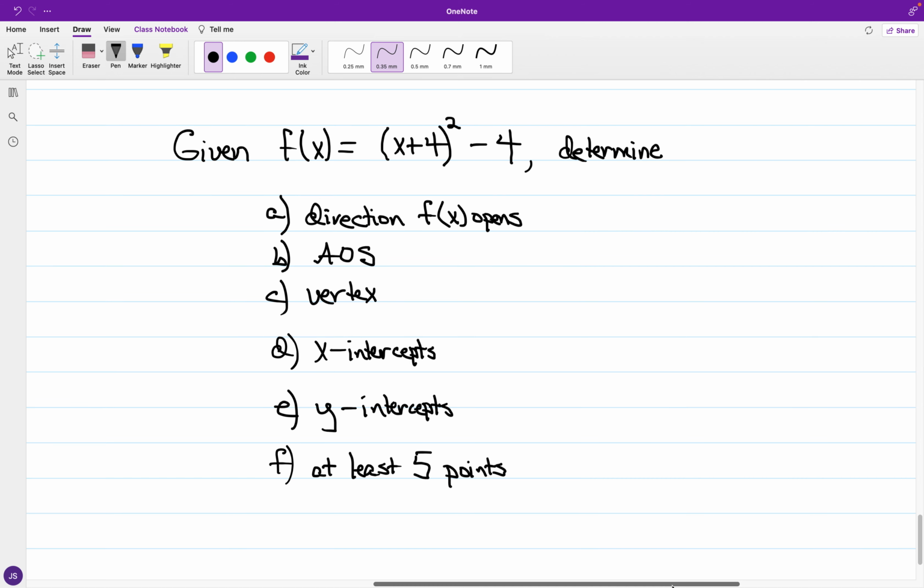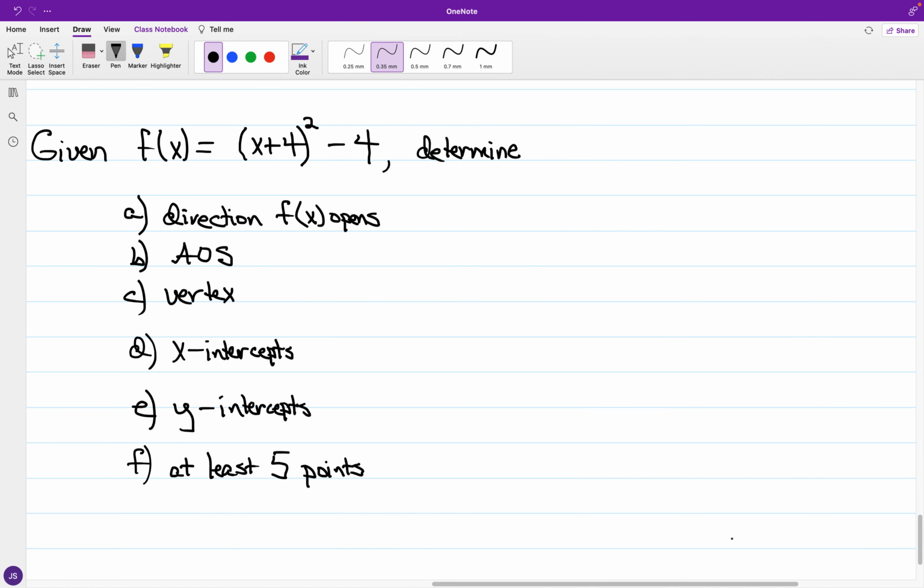Okay, so you have this particular quadratic function, and we're creating the familiar pathways to finding out the direction that the graph opens, as well as the axis of symmetry and the vertex. Again, we're using the general layout that defines the vertex form of a quadratic function.